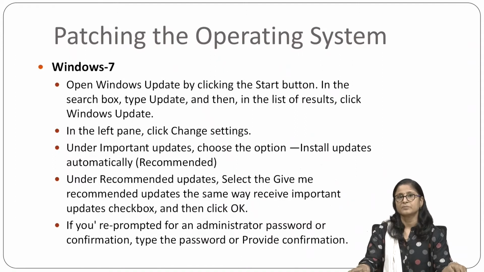If you are prompted for the administrator password or confirmation, type the password or provide the confirmation, right? So these are the steps you need to follow to patch the Windows 7 operating system, right?